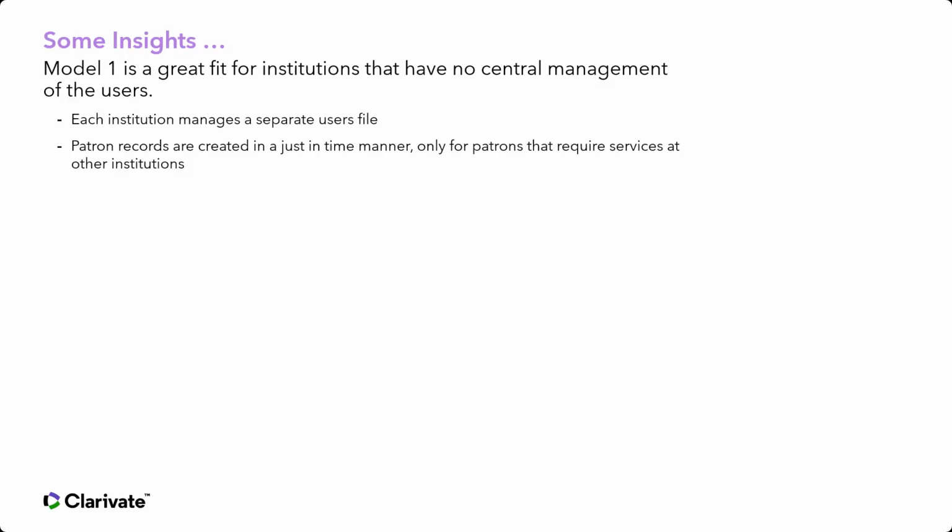The SIS feeds happen only in one place. That's the primary account where the patron is the patron main affiliation or the only affiliation. Updates happen just in time. So when the patron needs to get a service at another institution, that's when the information flows to the other institution. That's what characterizes model one.